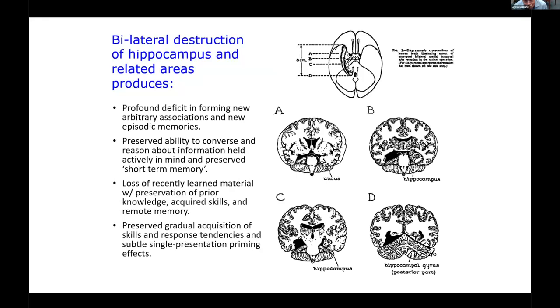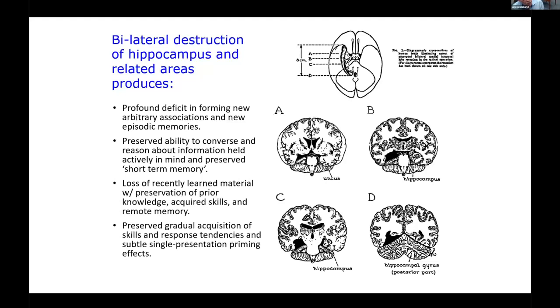Finally, he also exhibited the preserved ability to gradually acquire new skills and response tendencies and to show subtle single-presentation priming effects.